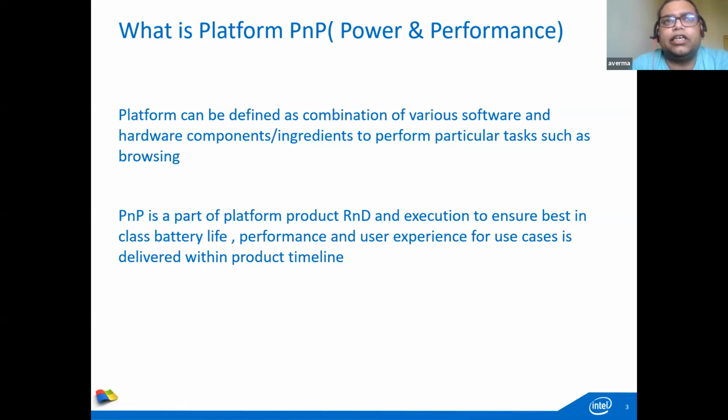You might see that there is a ninth gen of Core products already in the market, or the 10th generation, or the 11th generation getting productized this year. There is a fixed timeline where we need to deliver all these products, so all these optimizations need to be done in a timely fashion. It's not that we keep doing R&D indefinitely; it needs to be delivered within the product timeline.